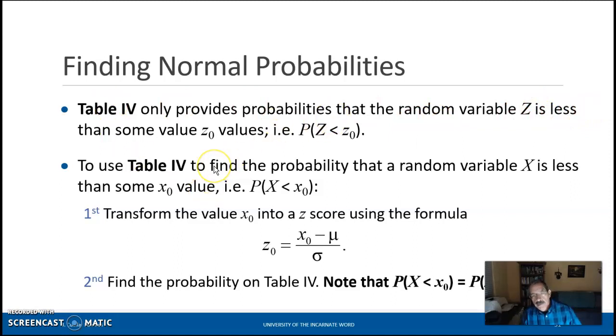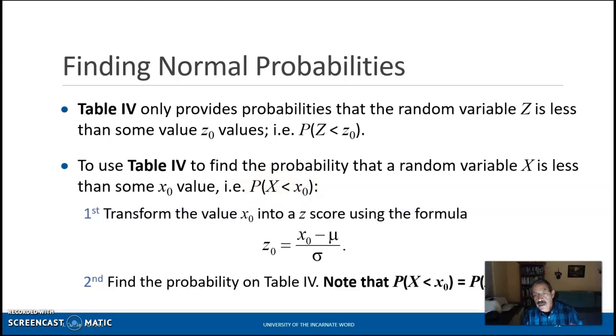Now, in the majority of cases, you're not given the z-score. You're given a description of some random variable and its normal probability distribution. That means they give you the mean and the standard deviation of the normal probability distribution of this random variable x, and they ask you to find the probability that x is less than some number x sub 0.